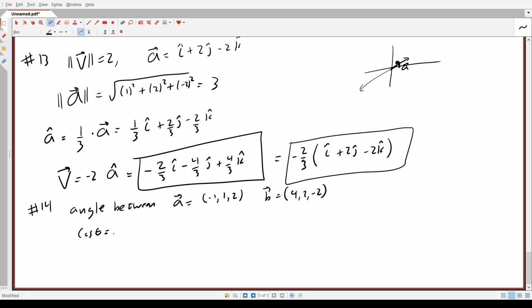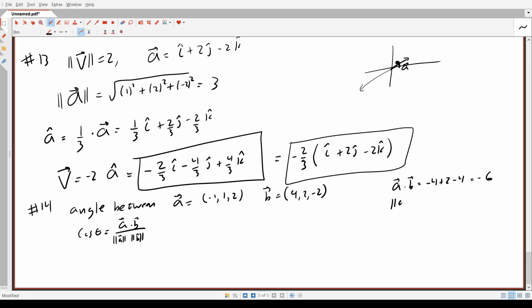Cosine theta is equal to A dot B over norm A, norm B. Okay, so let me do these computations off to the side over here. So A dot B, that's going to be -4 plus 2 minus 4. That's -8, that's -6.